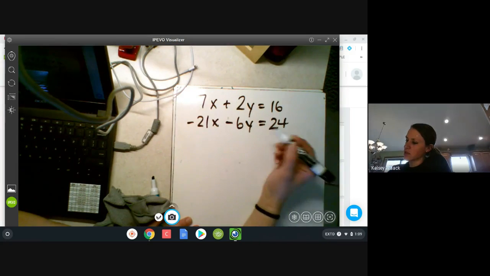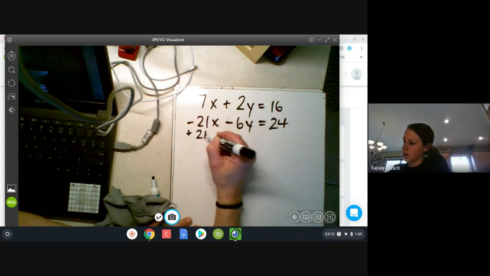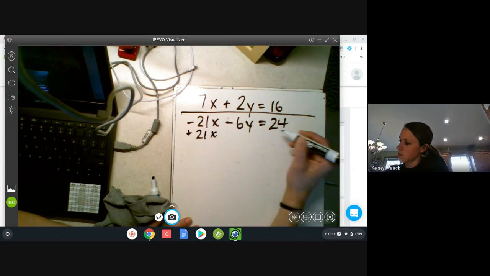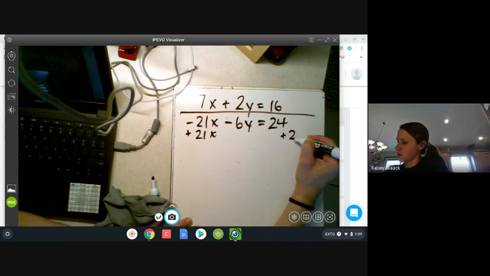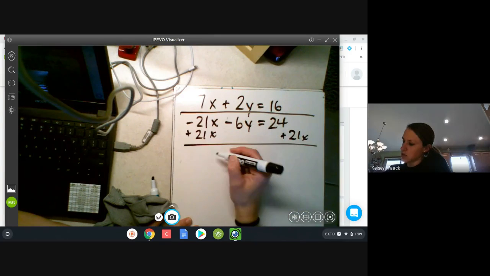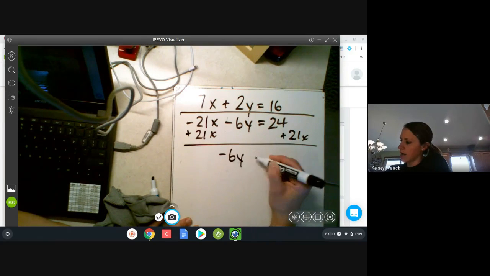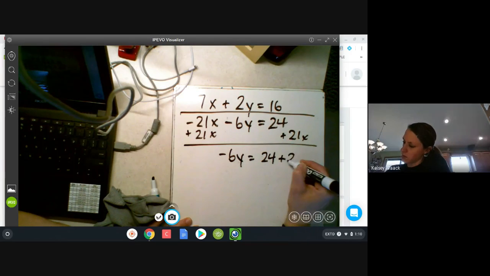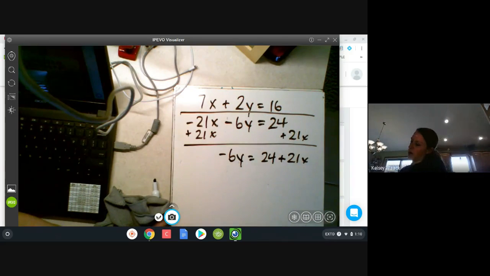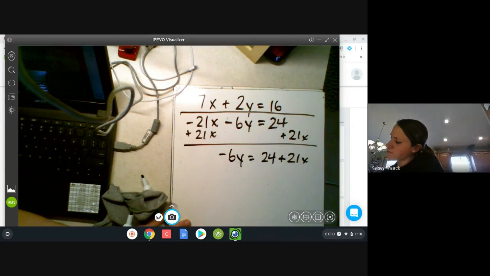Bottom one, if we want to solve for y, I can add 21x. So I'm not really using that one. And then plus 21x. So that's going to give me negative 6y equals 24 plus 21x. And then we're actually going to end up with a fraction, right?